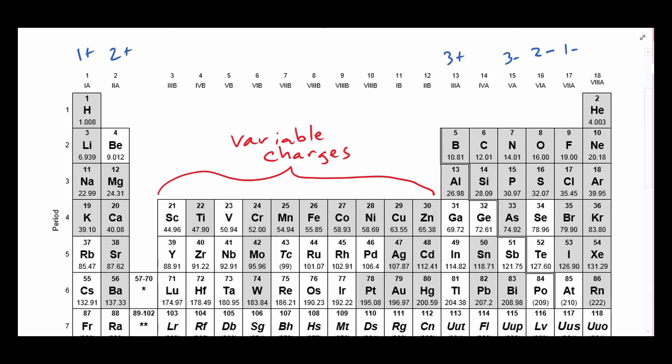When we talked about these 3 plus and 3 minus charges on here, actually the 3 plus charge really only applies to the aluminum that's in here, which is the metal, and the 3 minus really only applied to the nonmetals of this group. Because the metals have positive charges, the nonmetals have negative charges.